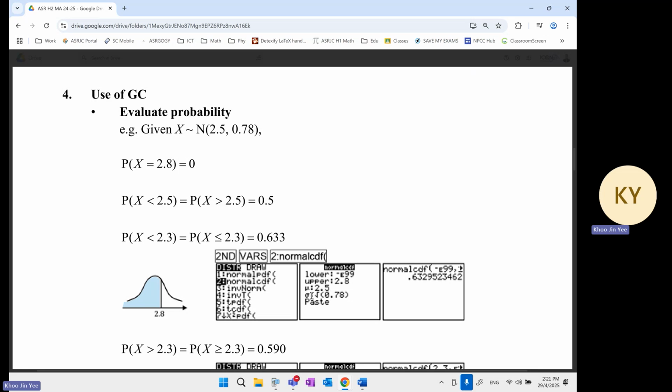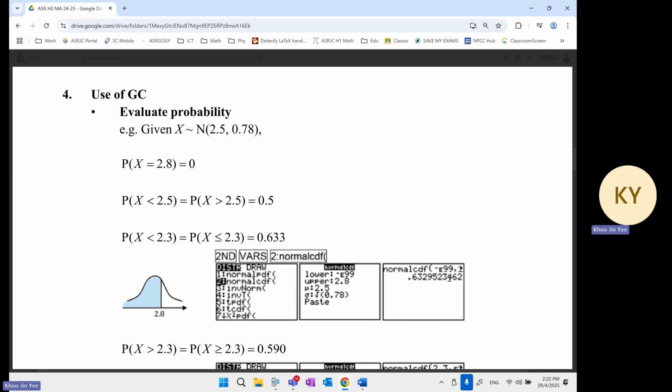Be careful, this one we key in the standard deviation. So we need to key in the square root of 0.78. The mean is 2.5, and 0.78 is the variance. When you key in this normal CDF, you key in the standard deviation, the square root of 0.78. Once everything is in, you get 0.63295 and so on.